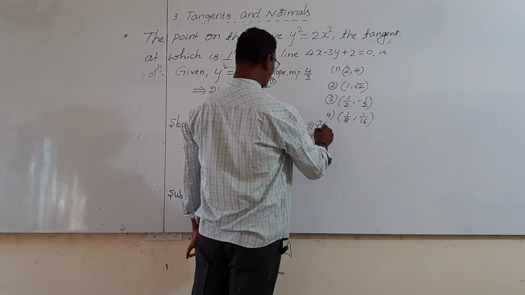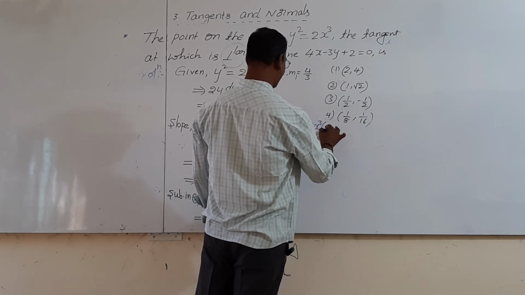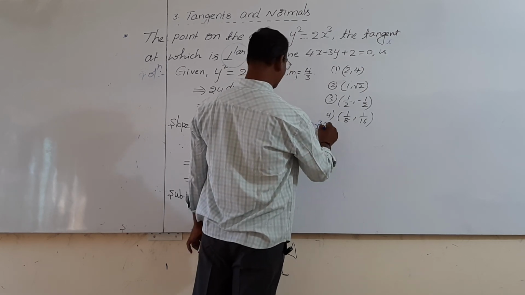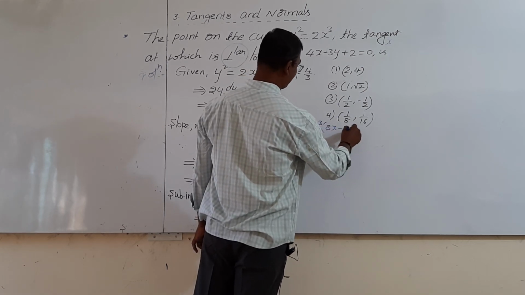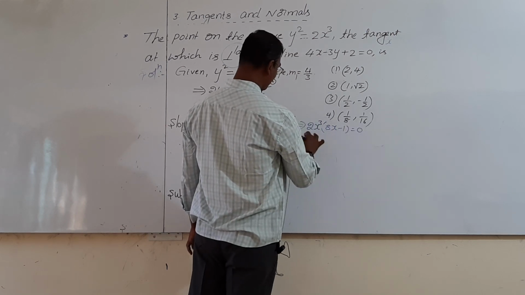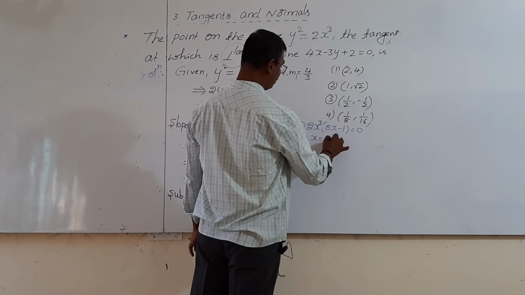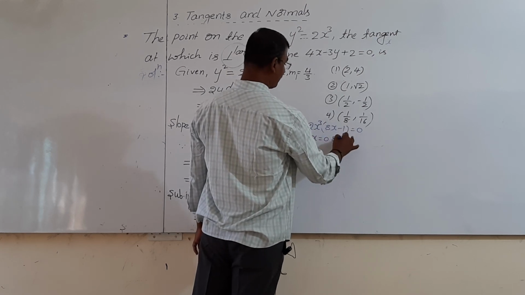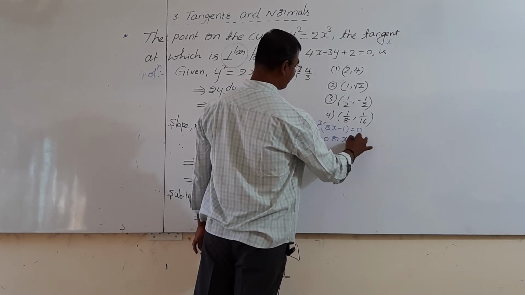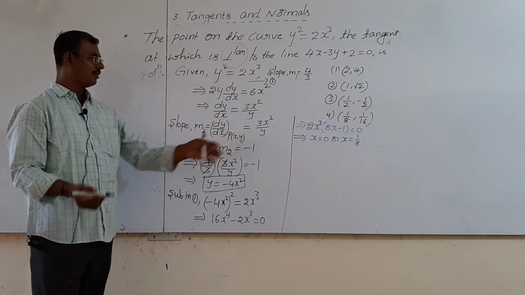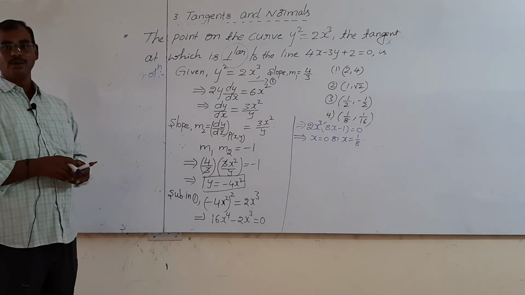Taking 2x cube common, 8x minus 1 is equal to 0. From this, 2x cube is equal to 0 means x is equal to 0, or 8x minus 1 is equal to 0 meaning x is equal to 1 by 8. So either x equal to 0 or x is equal to 1 by 8.